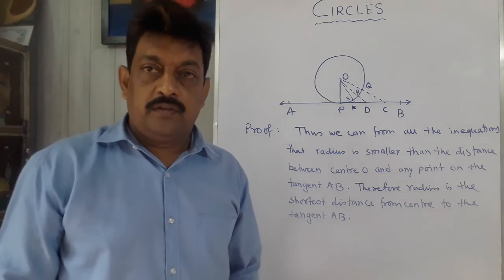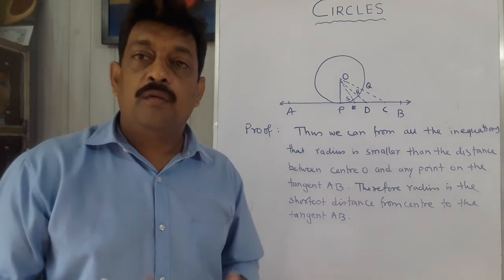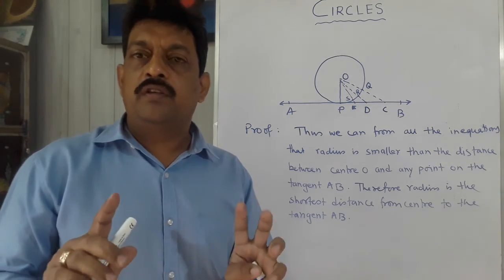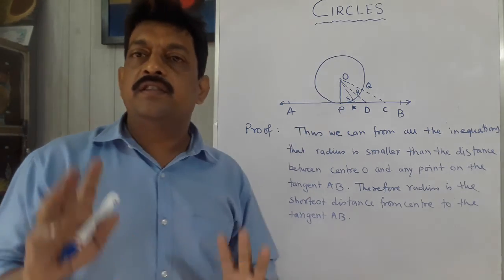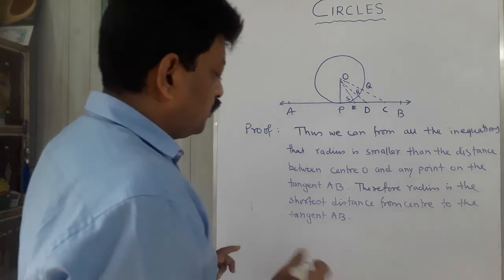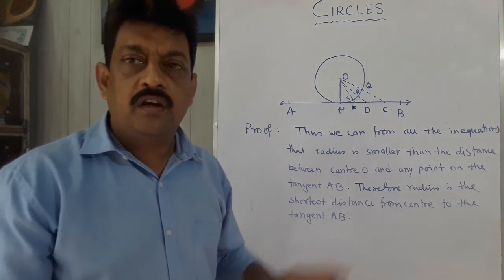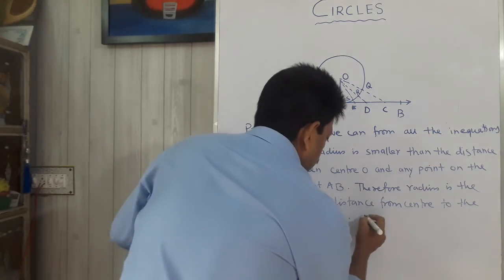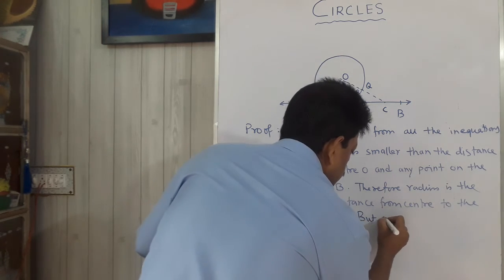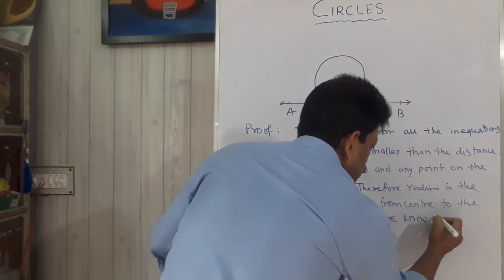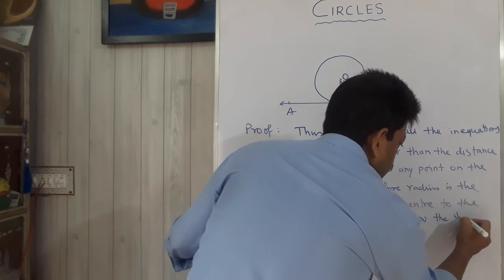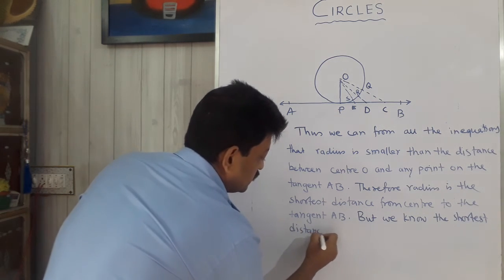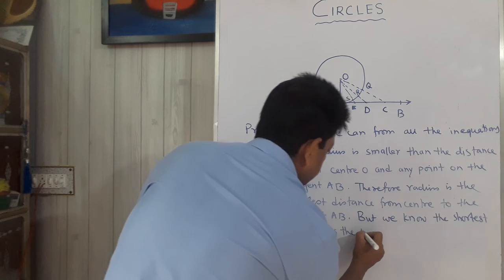And we know that the shortest distance is the perpendicular distance. Shortest distance between a point and a line is the perpendicular distance. Therefore, we can say that radius is perpendicular to the tangent through the point of contact. But we know the shortest distance is the perpendicular distance.